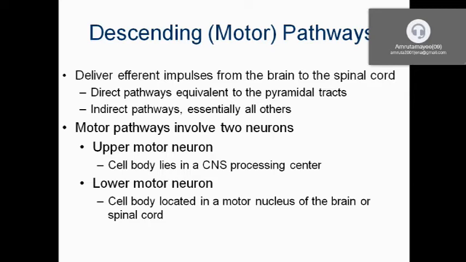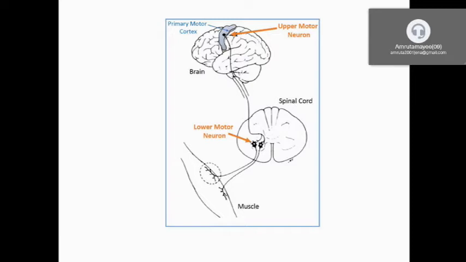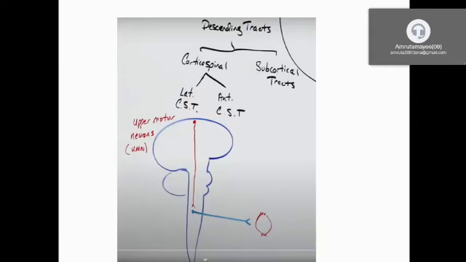The lower motor neuron cell body is located in the motor nucleus of the brain or the spinal cord. Either it may be in the central nervous system or in the spinal cord. That is called the lower motor neuron. So these are the two neurons which we have seen.